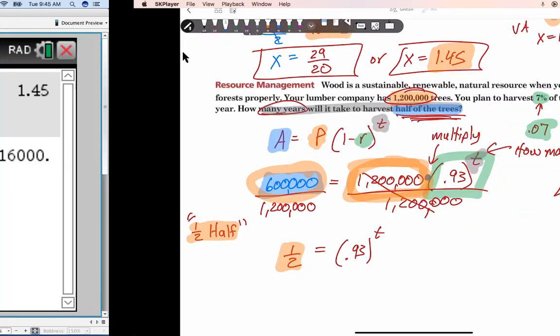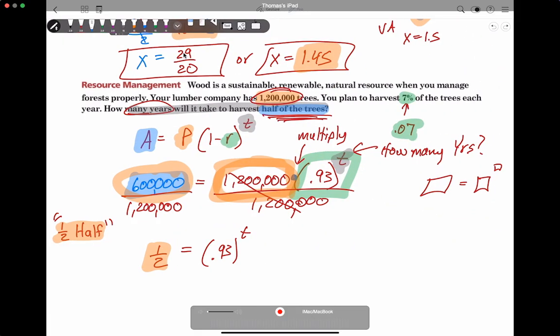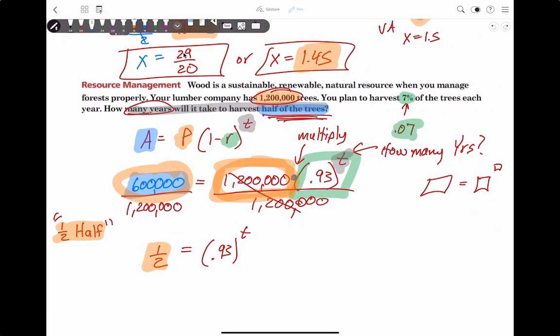So we're going to practice with the calculator. We could do it by a graph, or we could do it by a table, or we could just simply try to rewrite this as a logarithmic function, because right now this is exponential.